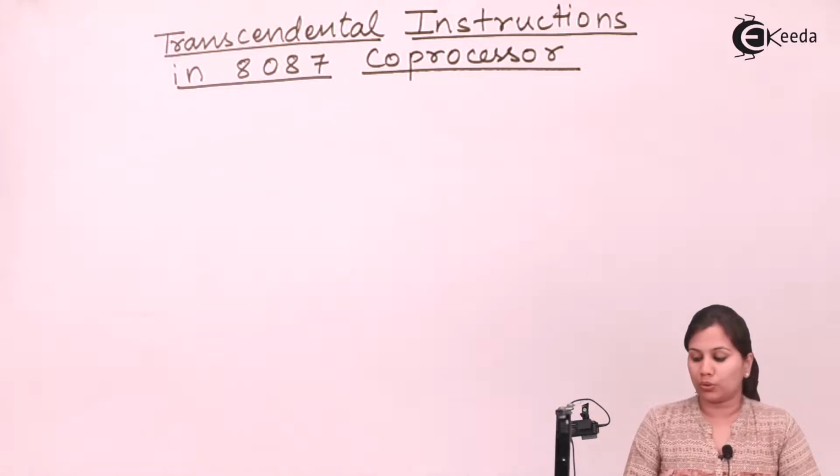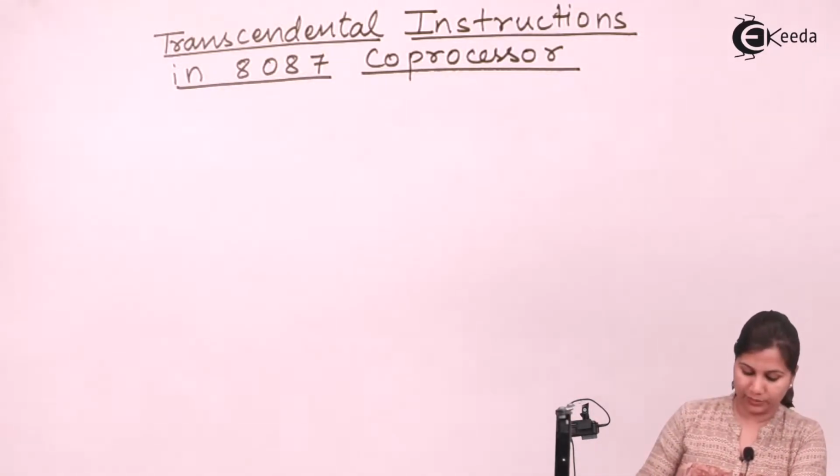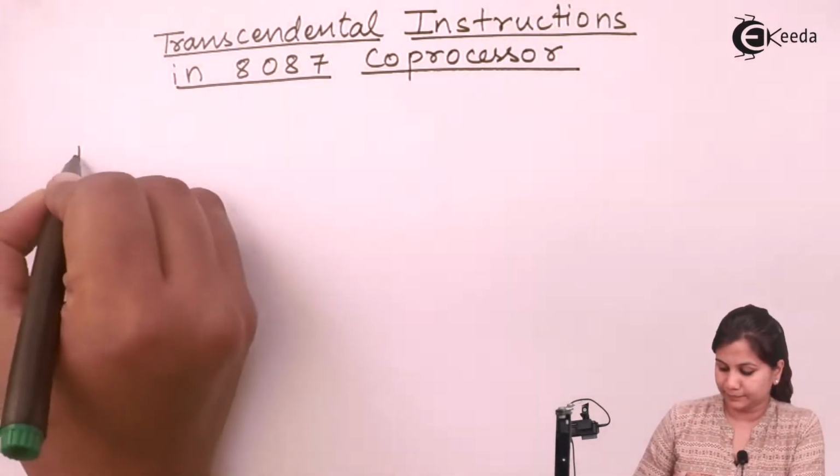This 8087 coprocessor has its own architecture and its own instruction set. Now the instruction set of 8087 is categorized into different classes. Let's see how it is classified.